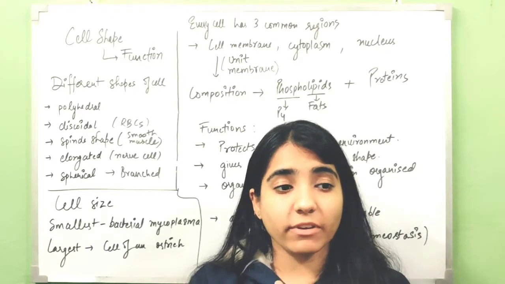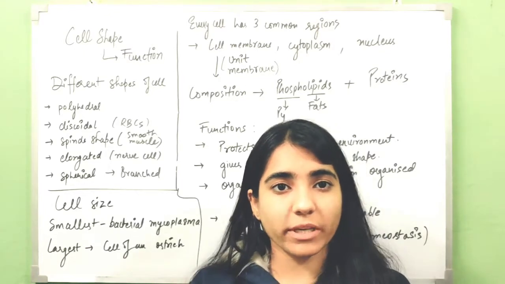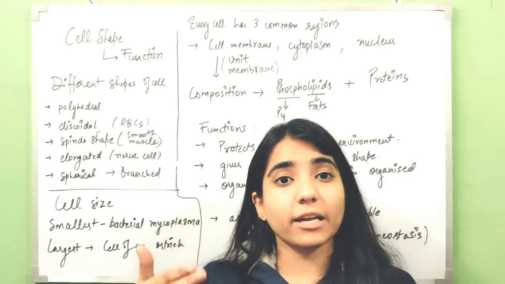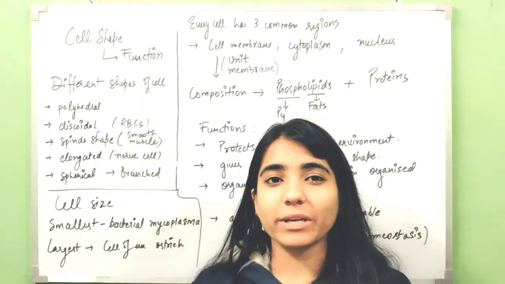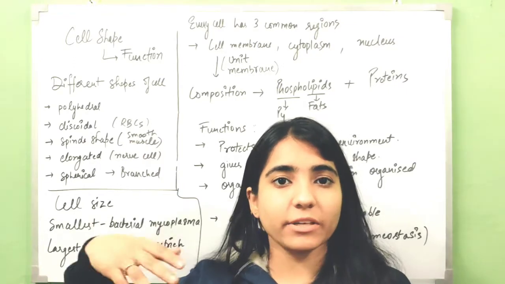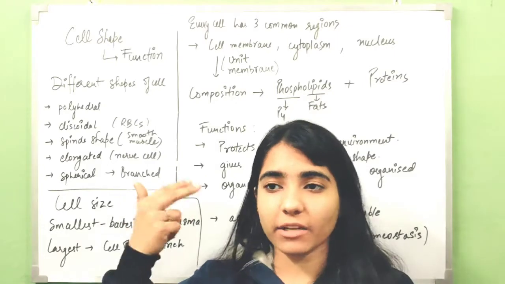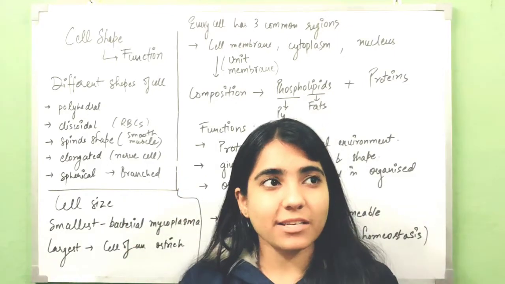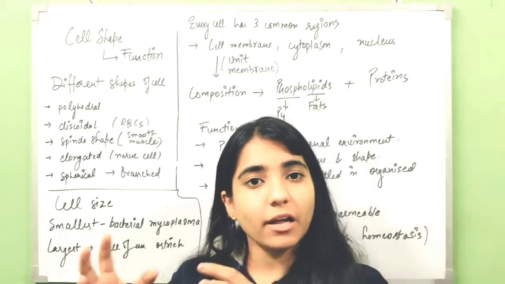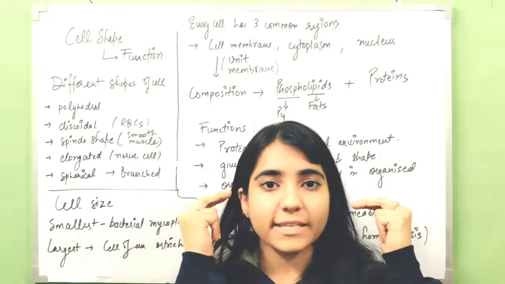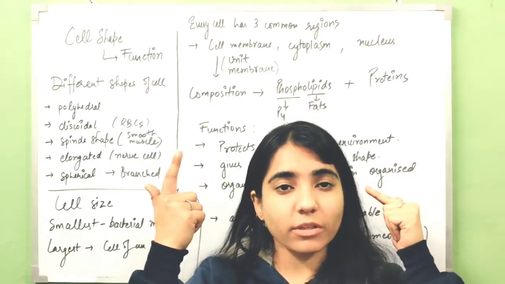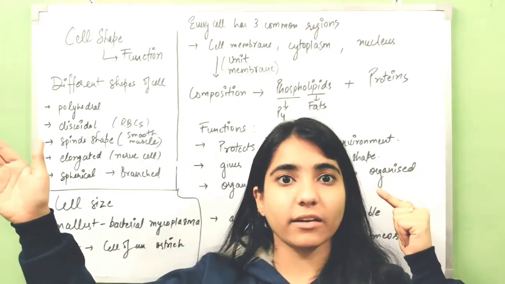So we are selecting what information is beneficial for my brain, that will help me grow, and what information I do not want, so I will ignore that. I will not take it inside my brain, I will neglect it. So this is a kind of selectively permeable function: I am allowing some of the information to go inside my brain, and what is not important for my growth, I will neglect.